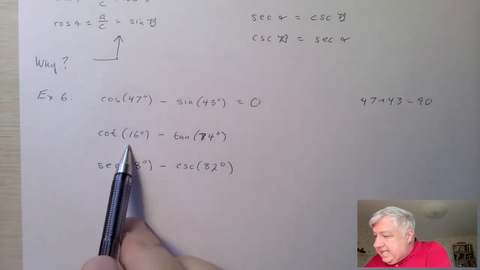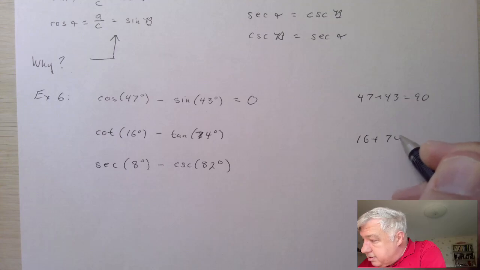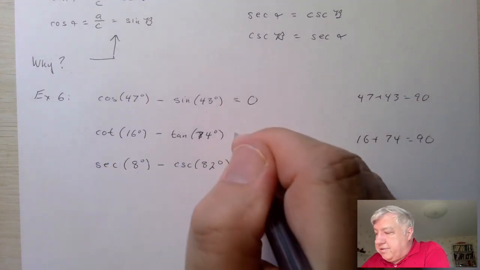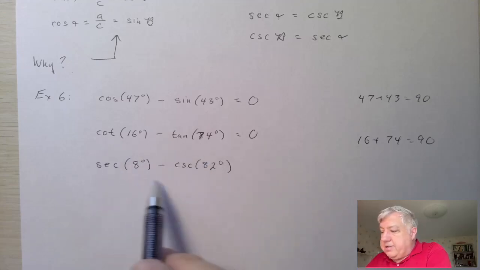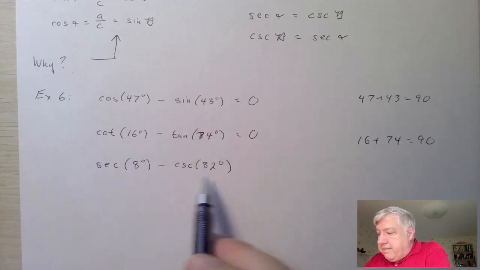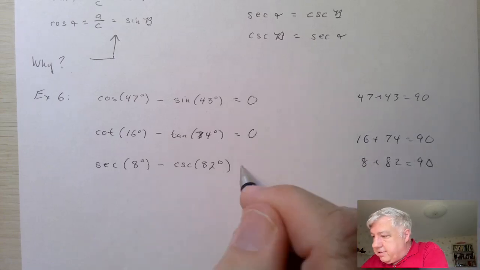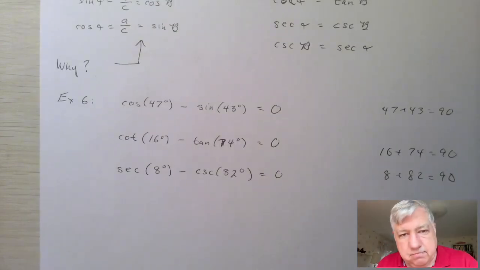Similarly, 16 and 74 are complements, and the cotangent and the tangent are complements, so these are equal and this difference is 0. And similarly, 8 plus 82 is 90, so these are the same, and this will be 0. This is kind of a dumb thing, but you should maybe be aware of that.